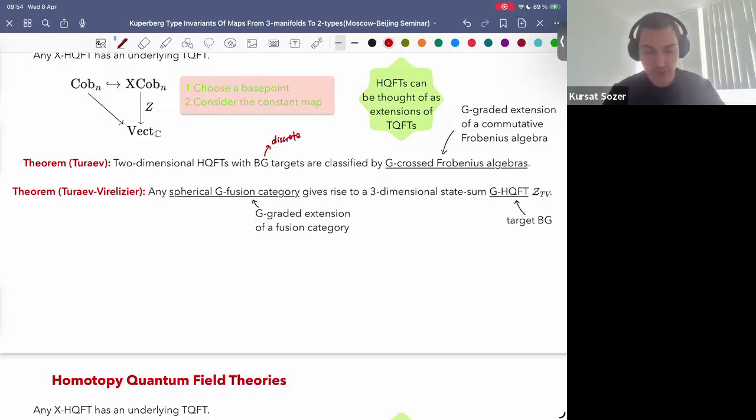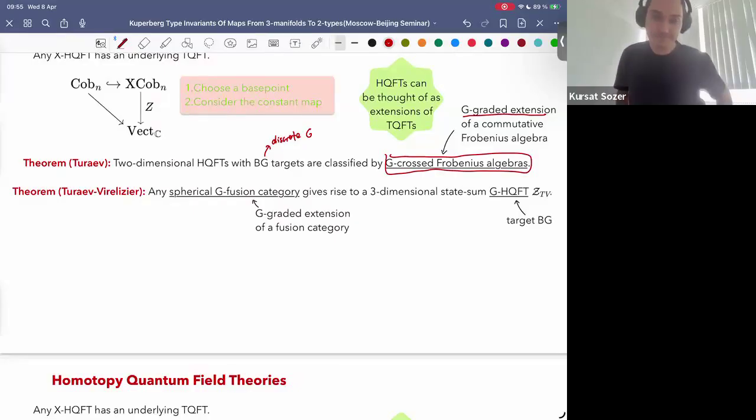Two-dimensional HQFTs with BG targets, the classifying space of a group G, are classified by what are called G-crossed Frobenius algebras. On the algebra side it is the same way: a G-crossed Frobenius algebra is a G-graded extension of a commutative Frobenius algebra. And this is a two-dimensional result.